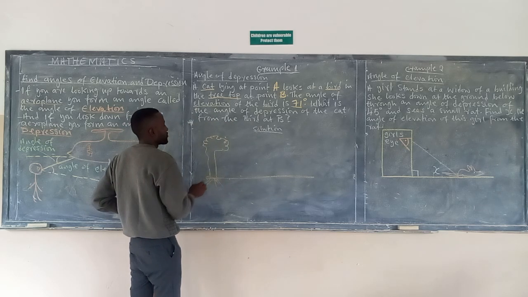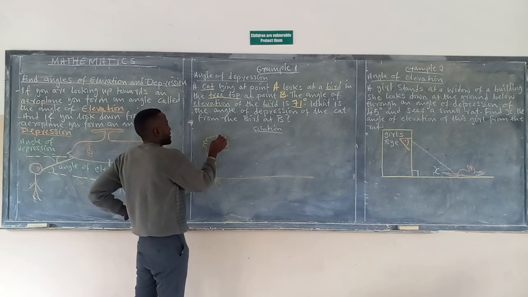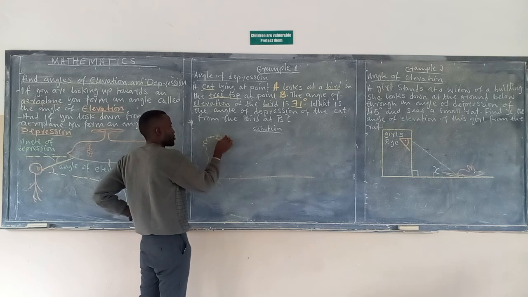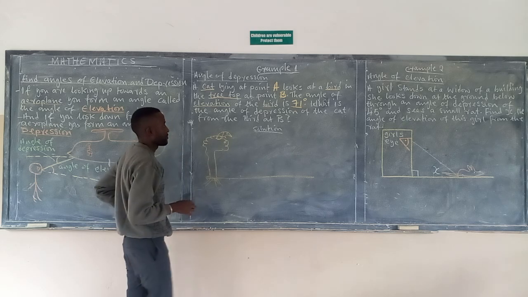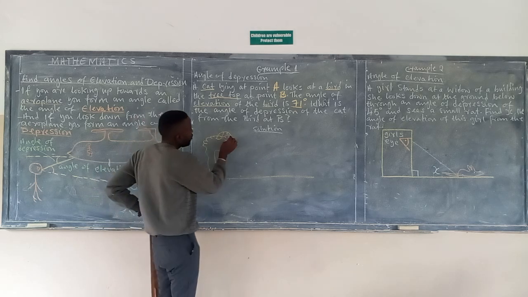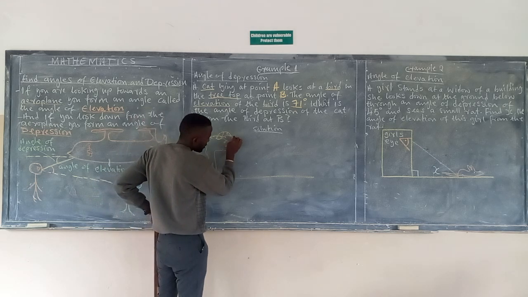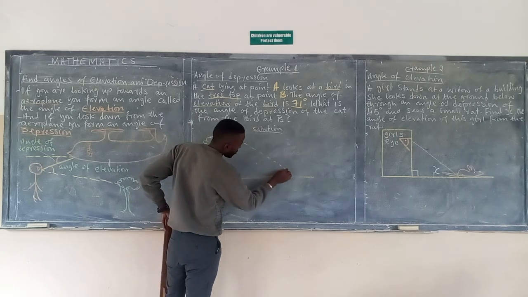This is the tree, and we are told that the bird is just here. So the bird is the one that is on the tree. So let me draw a bird. So this is my bird there. This bird looks down.